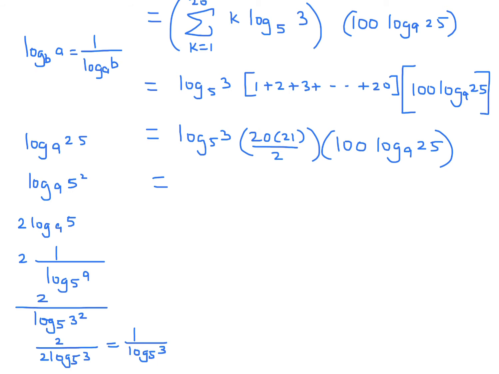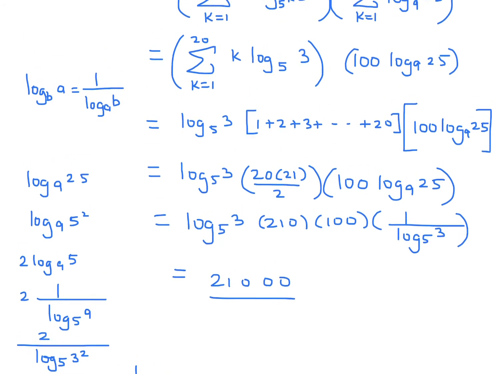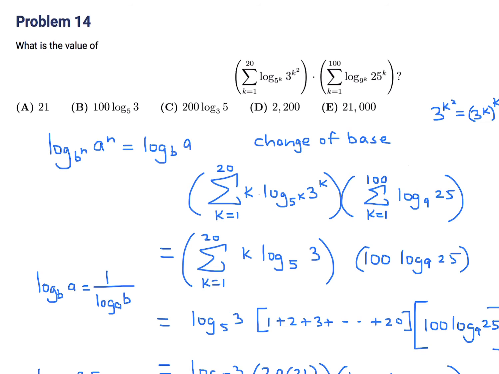So all of that is pretty much what this is. So here we have the log of 3 to the base 5. Then this is what, 210. Then we have 100. And then we have this, which I have simplified to 1 over the log of 3 to the base 5. And this guy cancels with that. So in the end, all I'm left with is just 21,000. 21,000 is the answer, and therefore number 14, that would be E.